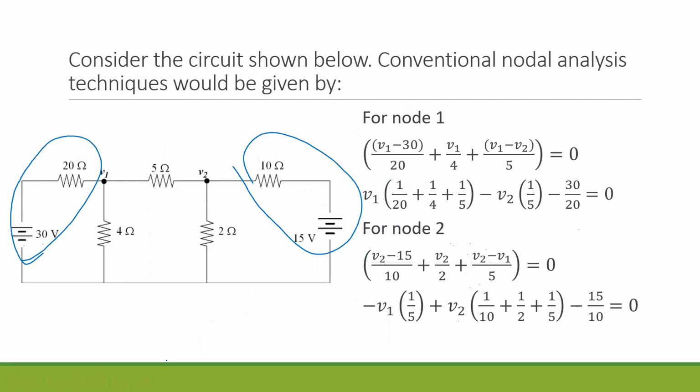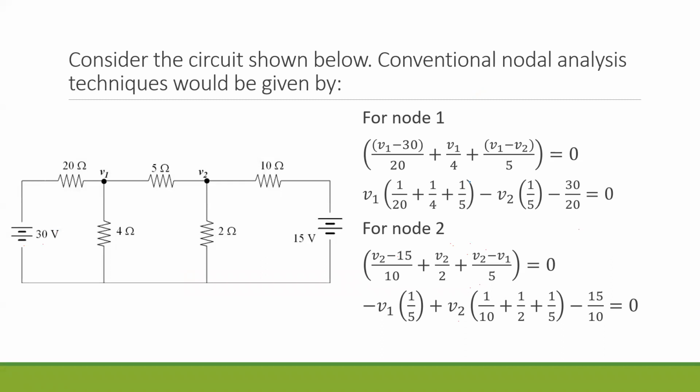So let's look back at our circuit and see how we would go about forming our matrix equation. Let's start with node 1. Brian, do you still have your hand up or was that from before?